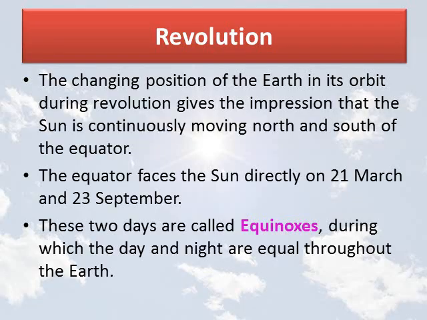The equator faces the sun directly on 21st March and 23rd September. These 2 days are called equinoxes. E-Q-U-I-N-O-X-E-S. Equinoxes are the days when the equator faces the sun directly, and it happens on 2 days, 21st March and 23rd September.